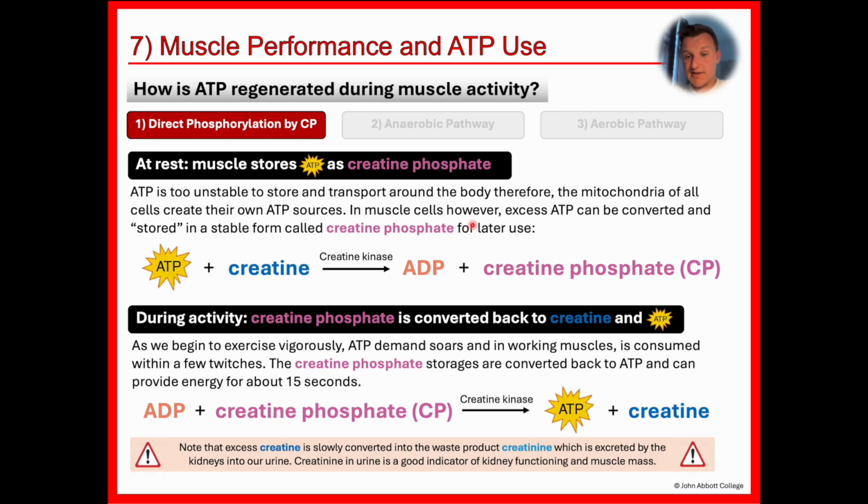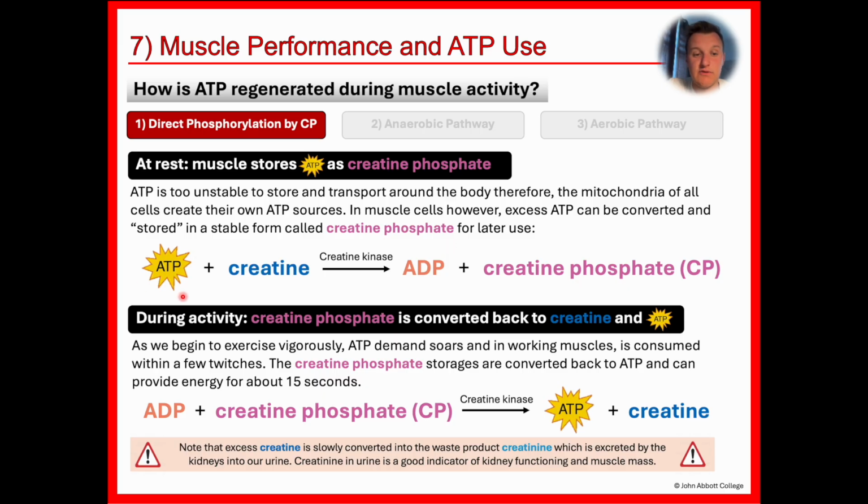In muscle cells, however, they're special. They're smart. When they have excess ATP, they'll convert it into their own little storage in the muscle cell in a stable form called creatine phosphate. Remember, I said storing ATP, it degrades quickly, it's unstable. So instead, muscle cells store a little extra reserve as creatine phosphate for later use.